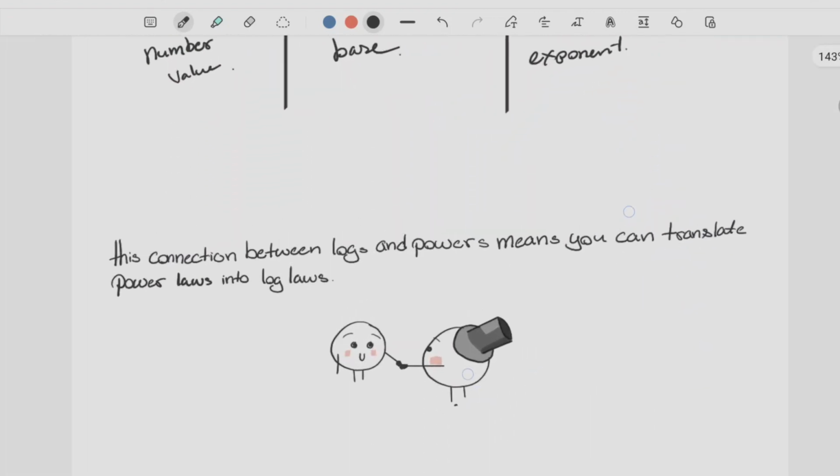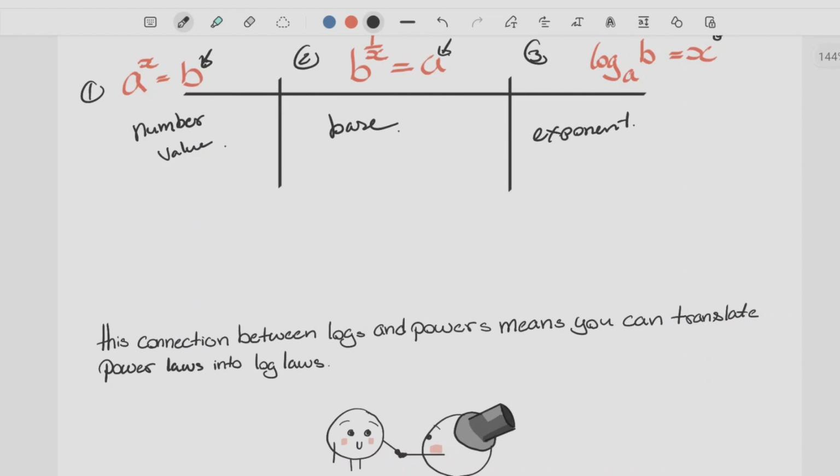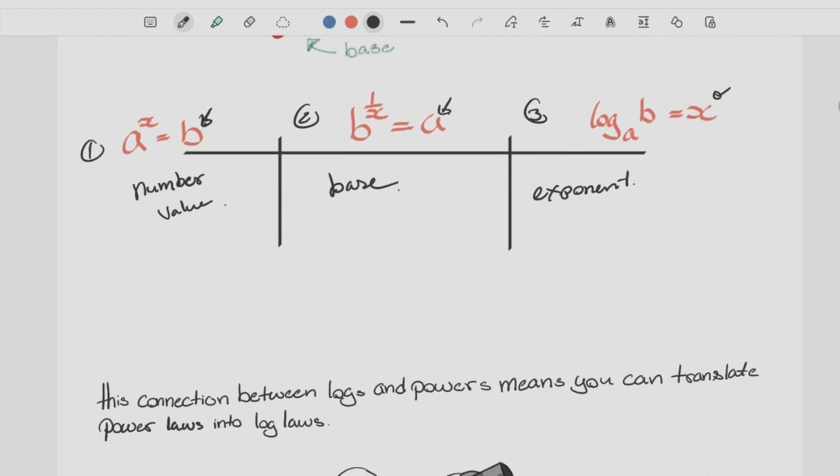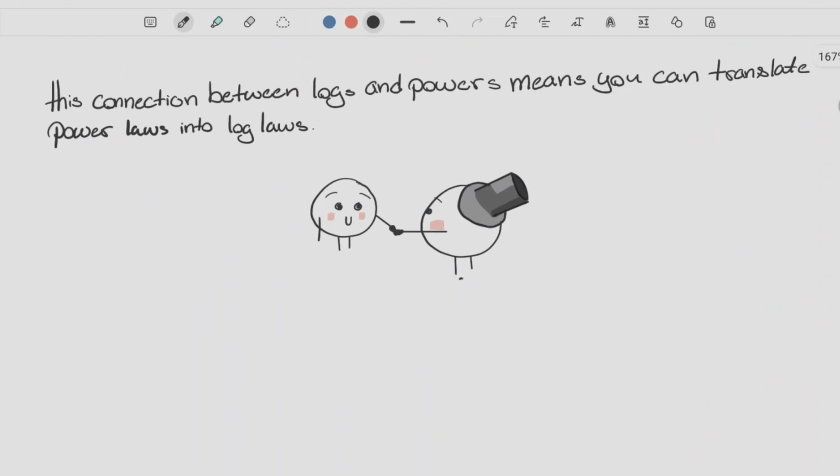Cool. This connection between logs and powers means you can translate power laws into log laws. These are close cousins, so they work together to give us new math to encounter. Powers and logs.